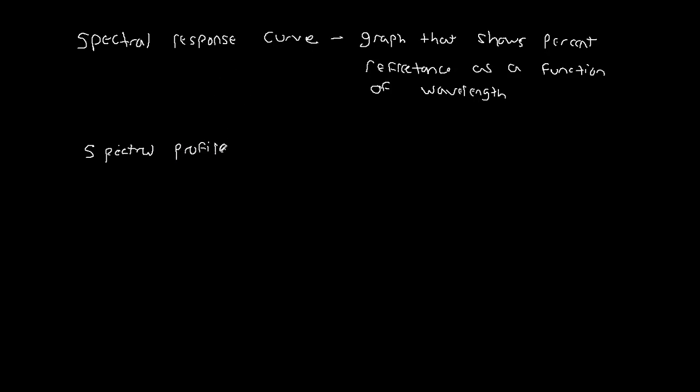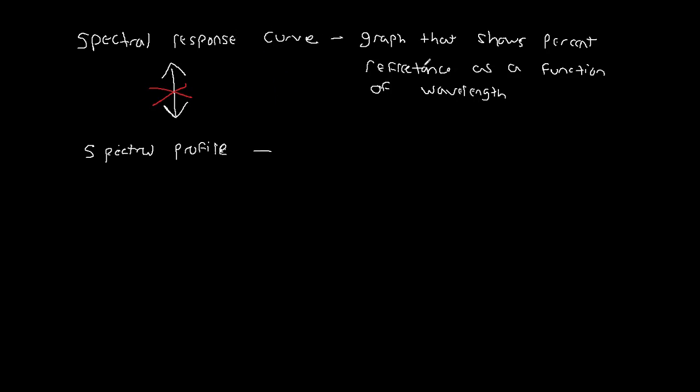Now, you'll see these two used interchangeably, and at a very high level they really are, but you have to be very careful with your definitions because they're not actually completely interchangeable.